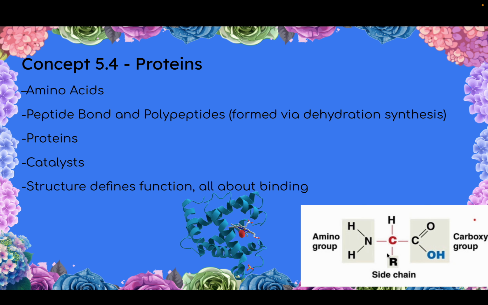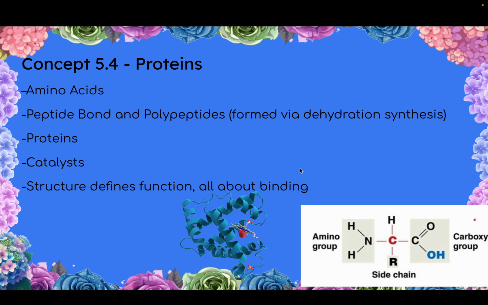The side chain is what makes the amino acids unique. It can be anything. For example, in cysteine, there's a sulfur in the side chain and some other stuff. In proline, there's a ring there. It's very interesting. But this amino and carboxyl group are what make proteins unique.